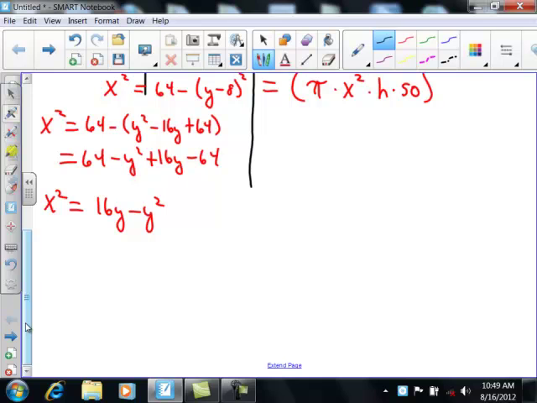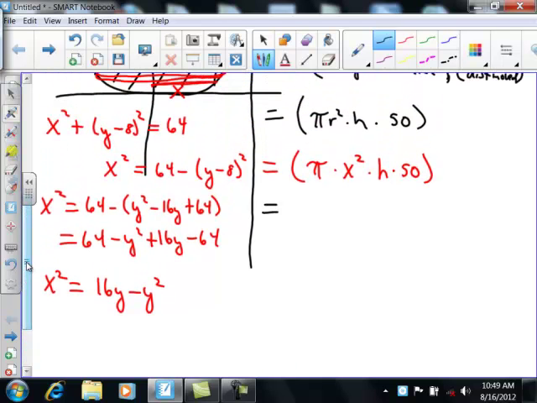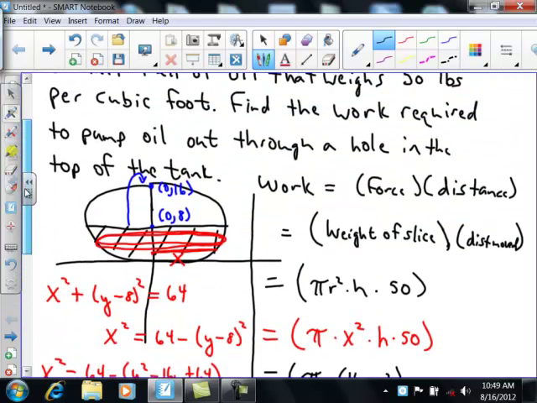So back over here in my formula, what I now know is that my work is pi times my radius squared, which I just found to be 16y minus y squared, times the height. Let's talk about the height for just a second. This disk, how big or how little of a slice I make is up to me.